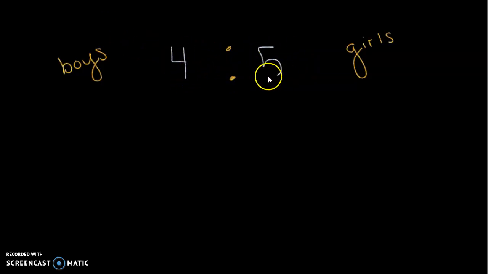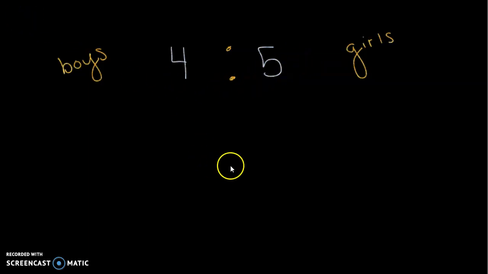Because boys comes first in my ratio, I know that boys is going to be the first number. My ratio of boys to girls at the park is 4 to 5. So that means for every 4 boys, there are 5 girls. How many boys are at the park if there are 45 girls?